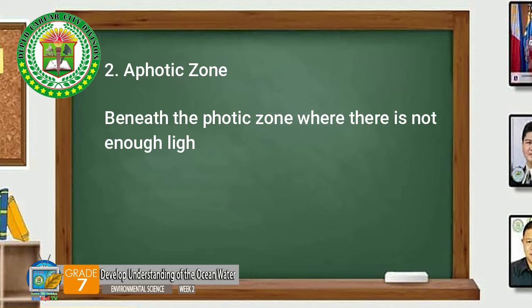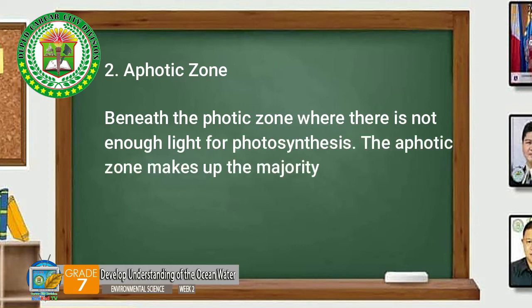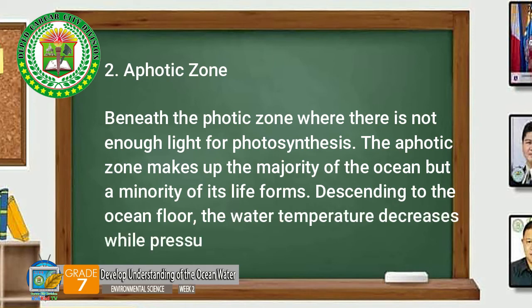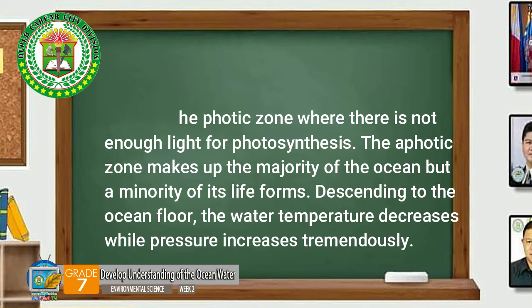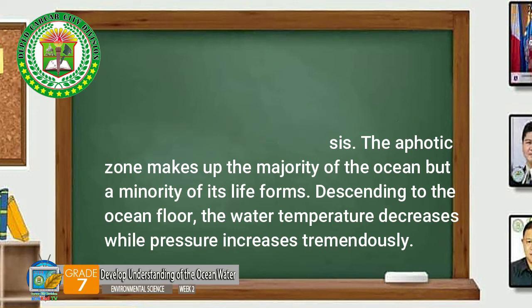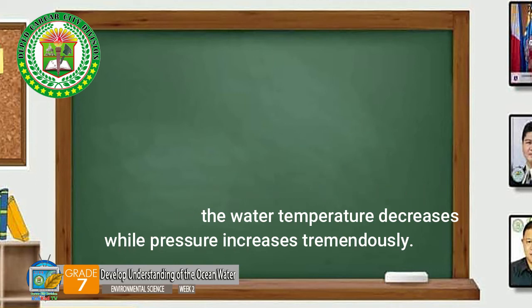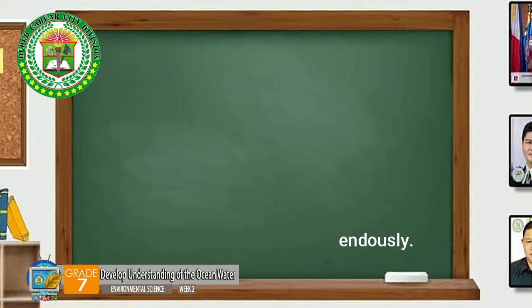Second, the aphotic zone. Beneath the photic zone, where there is not enough light for photosynthesis, the aphotic zone makes up the majority of the ocean, but a minority of its life forms. Descending to the ocean floor, the water temperature decreases while pressure increases tremendously.